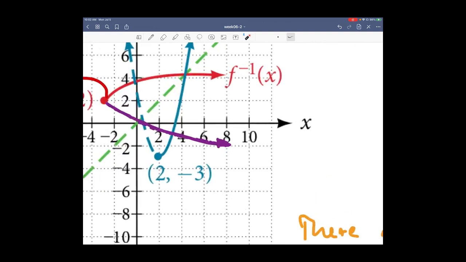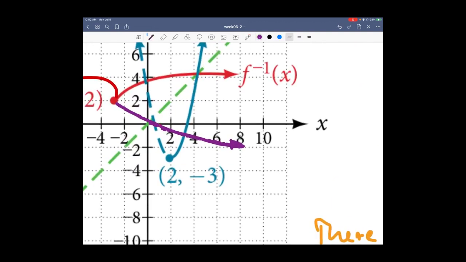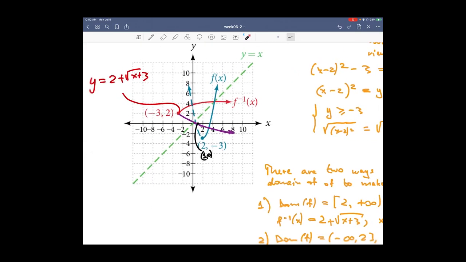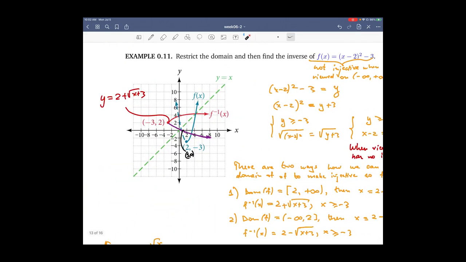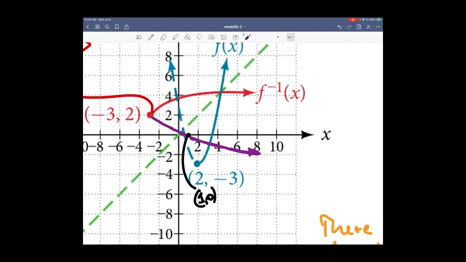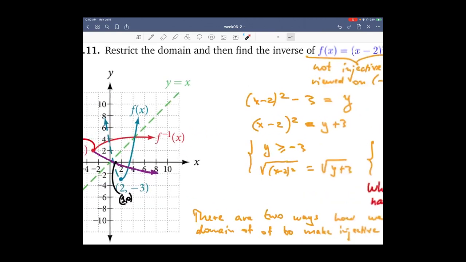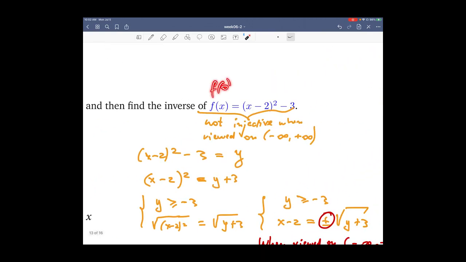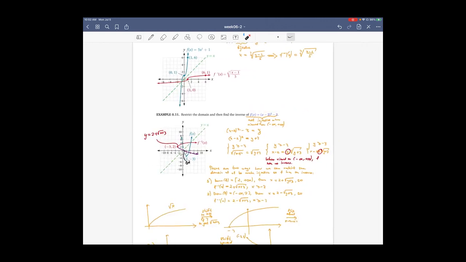The point 1, 0 is symmetric to the point 0, 1 through which this parabola passes. Correct? f at 0 is 0 minus 2 squared minus 3. That's negative 2 squared, that's 4 minus 3 is 1. So it does pass through the point 0, 1.